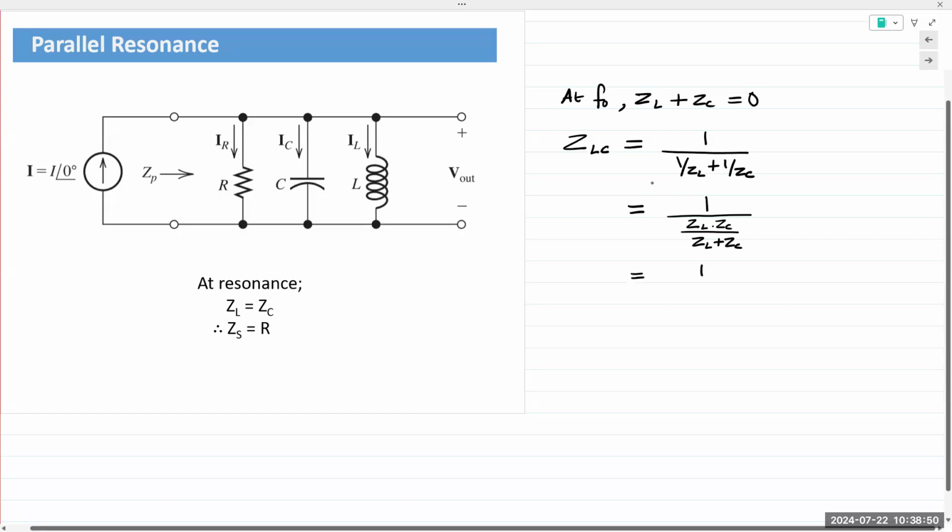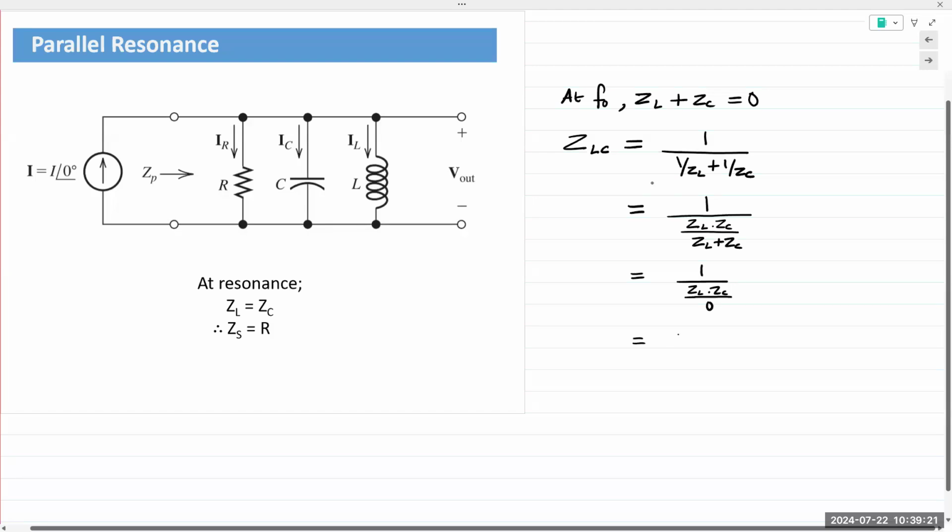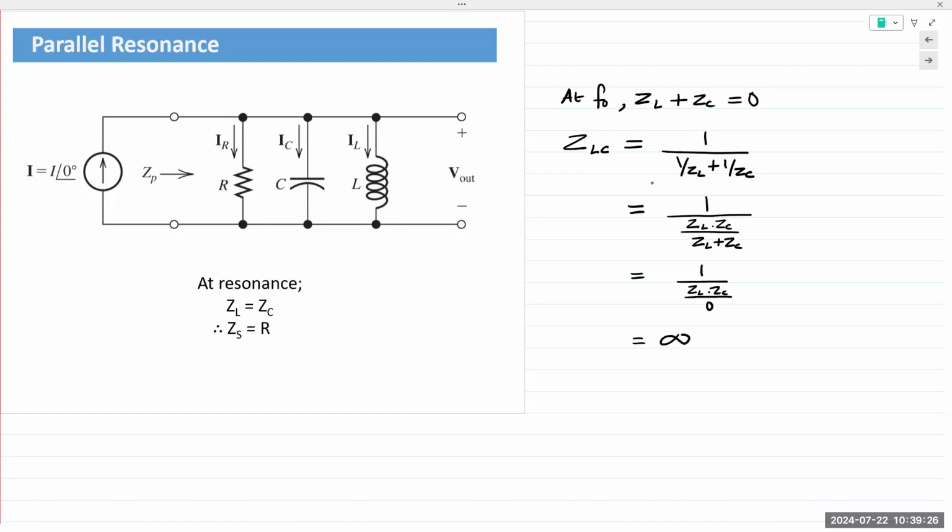And so we get 1 over ZL times ZC over 0. And so 1 over ZL plus 1 over ZC goes to infinity. Actually, let's see, just the parallel combination of this. Yeah. And so this will tend towards infinity.